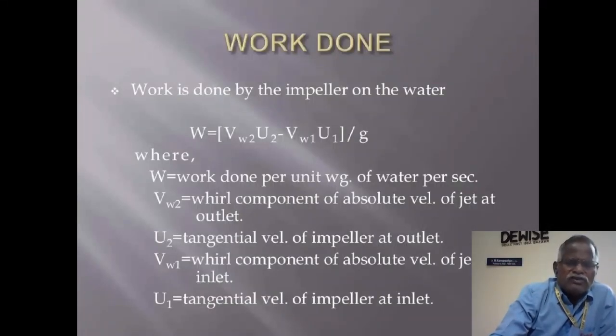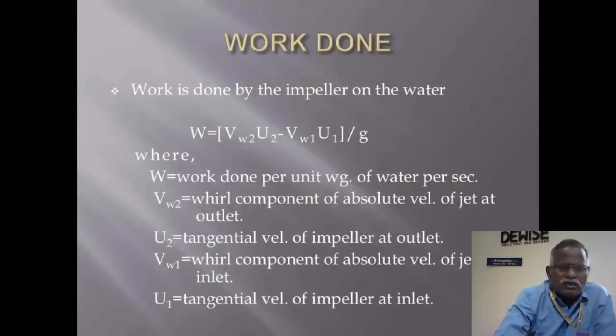U2 is the tangential velocity of the impeller at outlet. Vw1 is the whirl component of the absolute velocity of the jet at inlet, and U1 is the tangential velocity of the impeller at inlet. Suffix 1 means inlet, suffix 2 means outlet.